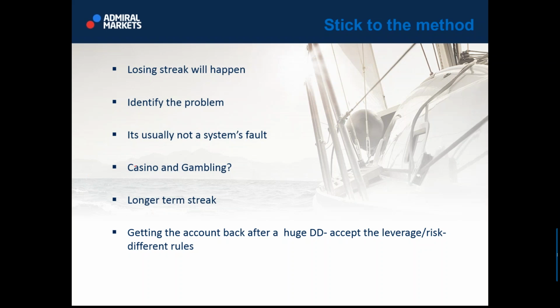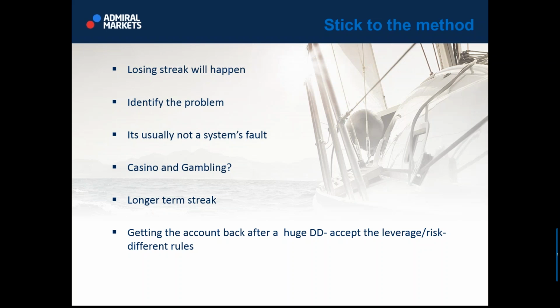It's not the same. So losing streaks will happen. A big mistake which traders usually make is dumping a trading method or system after a losing streak. Sometimes that losing streak will happen because the market is ranging, because there is a news announcement. It doesn't have to do anything with your method.